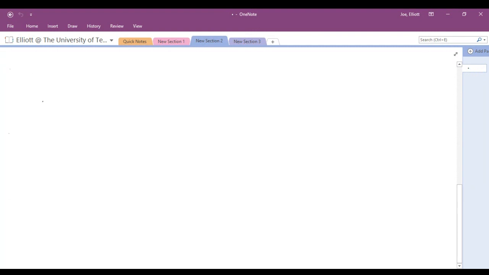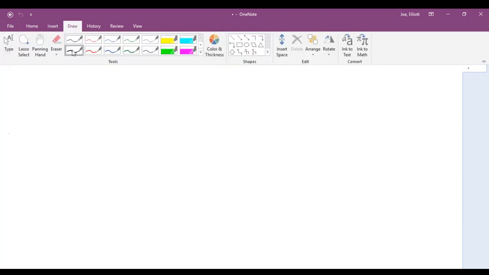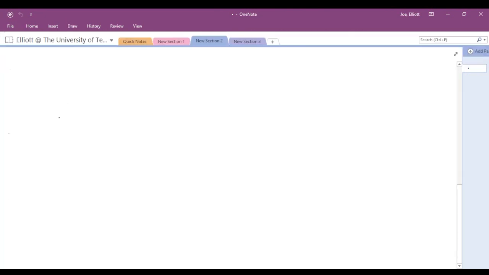So I'm going to talk a little bit more about linear combinations now. To start with, I'm going to draw two vectors, u and v. And then I'm going to form a parallelogram with my two vectors.